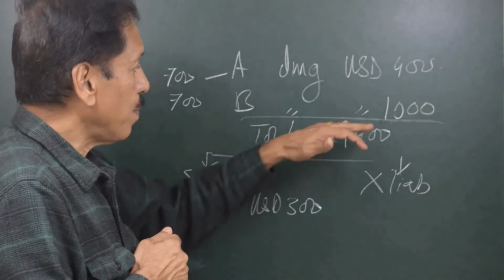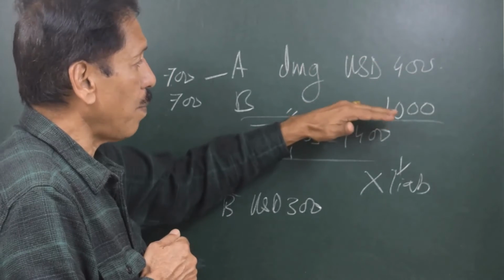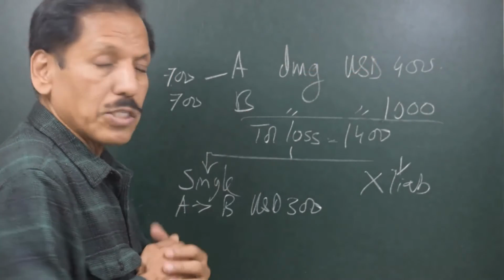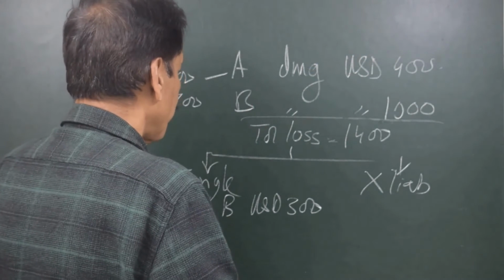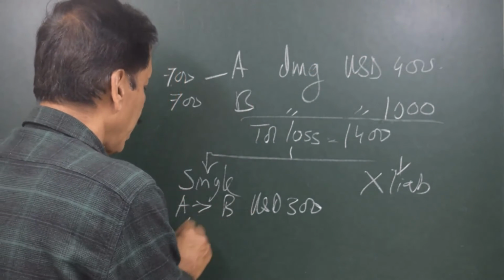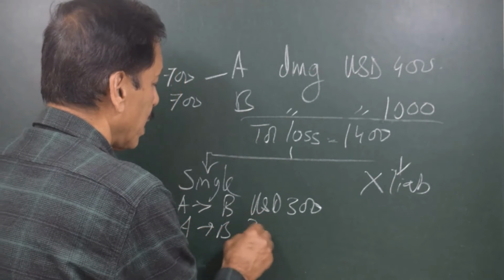Instead of A paying 500 and B paying 200, it's better that ship A pays B 300. Either way, ship A pays B 300.